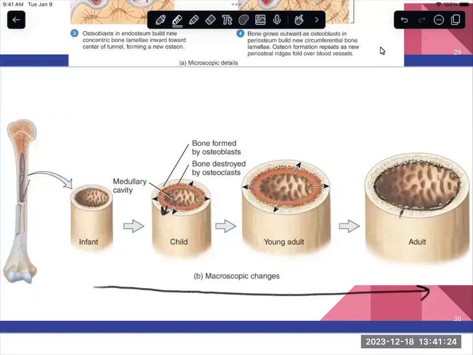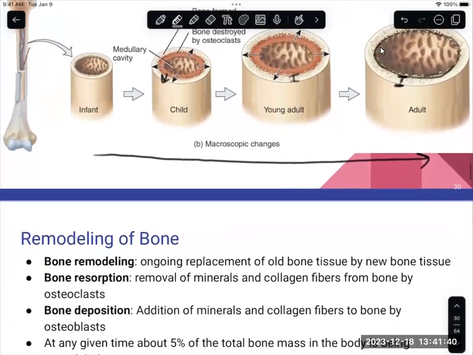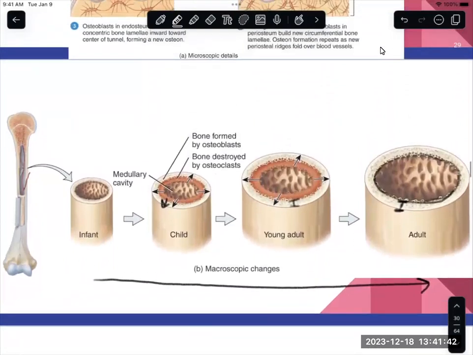Well, our bones maintain a pretty similar width from the medullary cavity to the outside. This width from young adult to an adult stays pretty similar because it's carrying a similar weight. This is something that's going to happen throughout the entire development, and this continues to remodel throughout adulthood even.